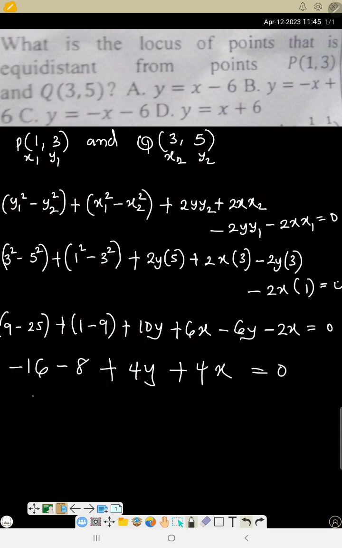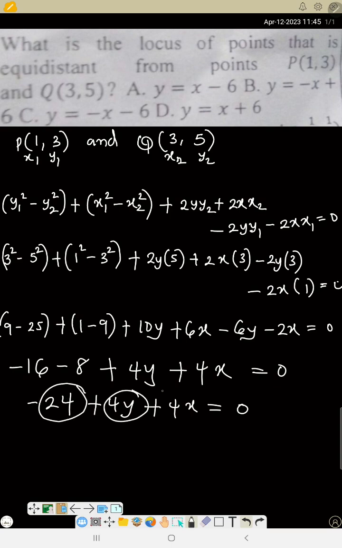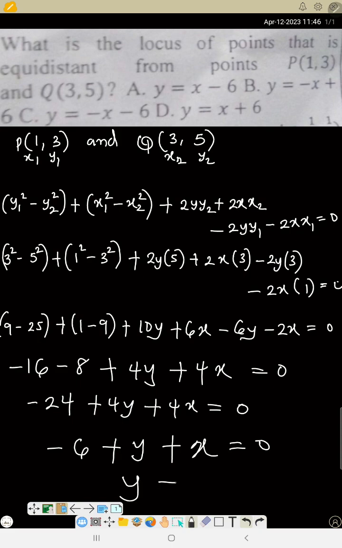Minus 16 minus 8 is minus 24, plus 4y plus 4x equals 0. You will notice the same number can go into all the numbers, and that is 4. So divide everything by 4. So 24 divided by 4 is minus 6, 4y divided by 4 is y, 4x divided by 4 is x, everything equals 0.